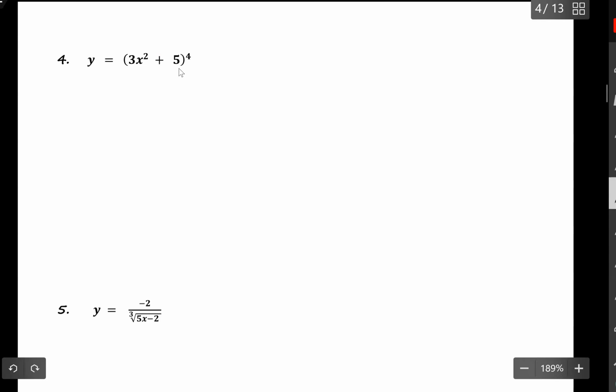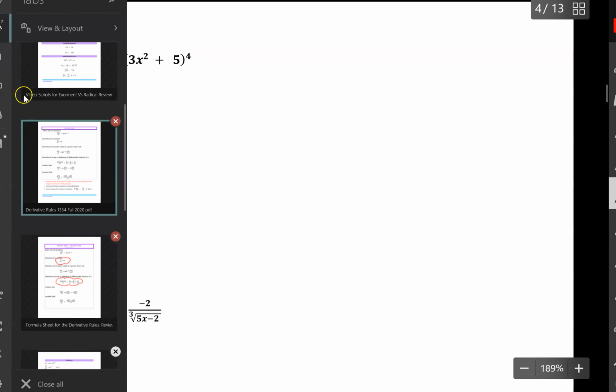Don't try to expand this and get it into the simplified version of this expansion of this binomial, because it's actually very complicated. I would recommend everyone that if you have a function raised to a power, then apply this chain rule.